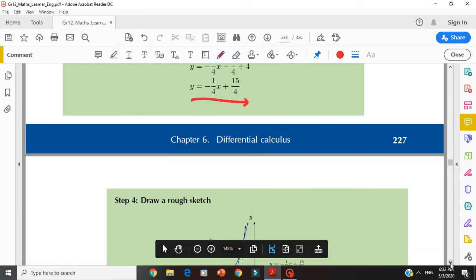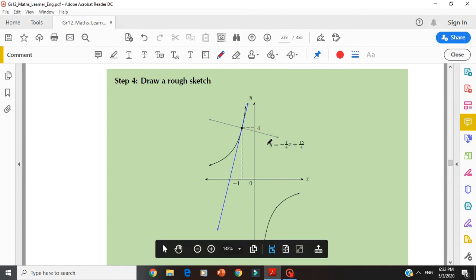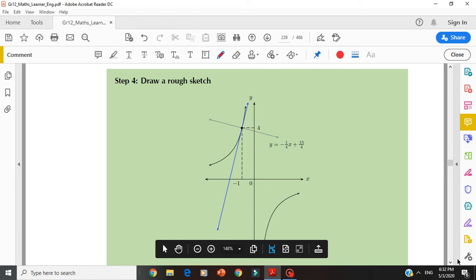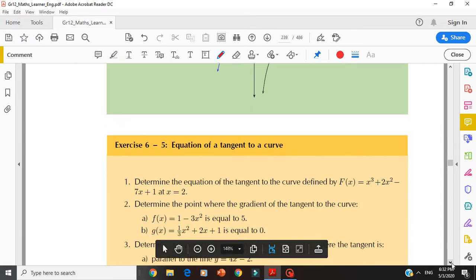Looking here, you can see that the original function is a rectangular hyperbola, and the curve lies in the second quadrant.